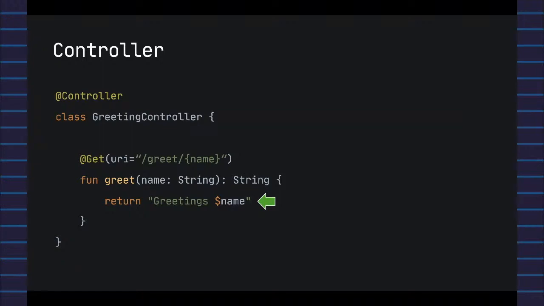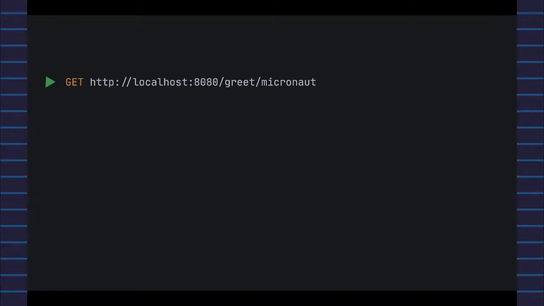When I run my test against this, it will pass. The great thing about Micronaut is that it's really easy to do test-driven development. I can also run this in my browser by hitting this URL.